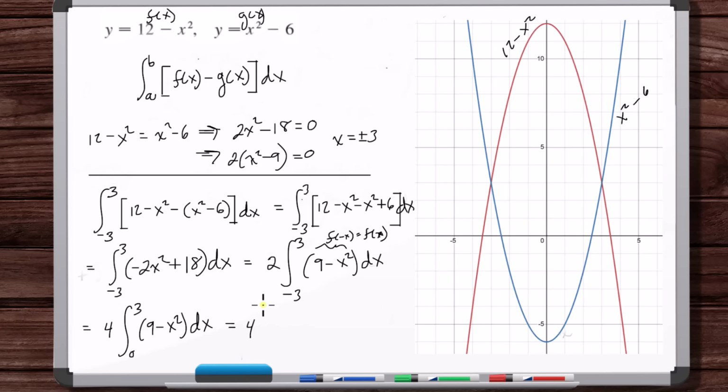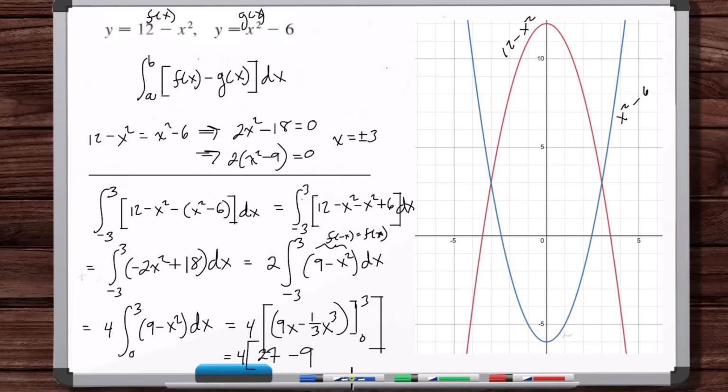So we've got 9x minus 1/3 x cubed evaluated from 0 to 3. So this is 4, and then 9 times 3 is 27, and then 3 cubed divided by 3 is 3 squared.